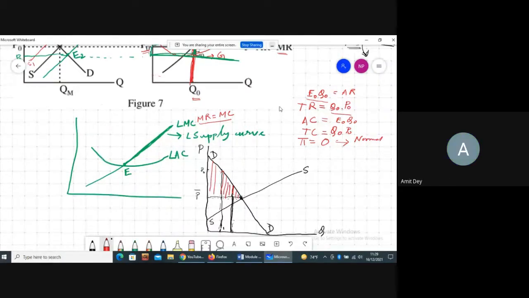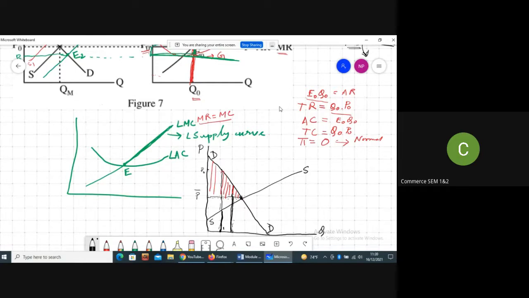Now, in the case of producers, to produce 1 unit of output, producers will be happy to sell this 1 unit of output if they get this much price. So this is the producer's minimum willingness to accept.